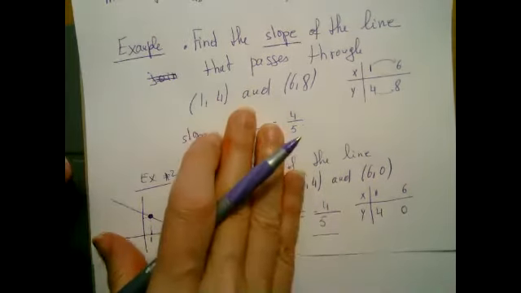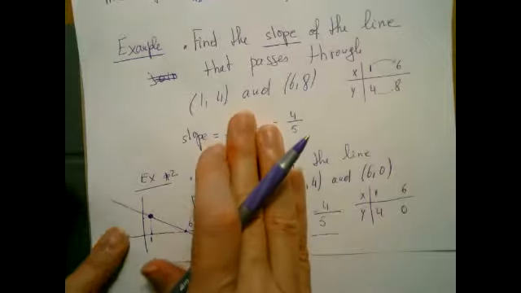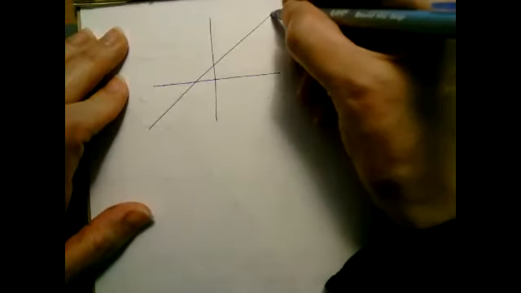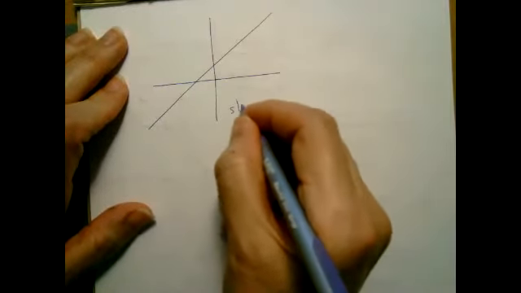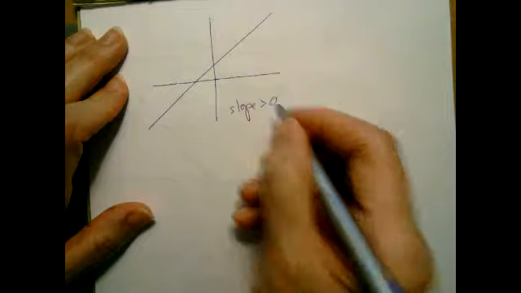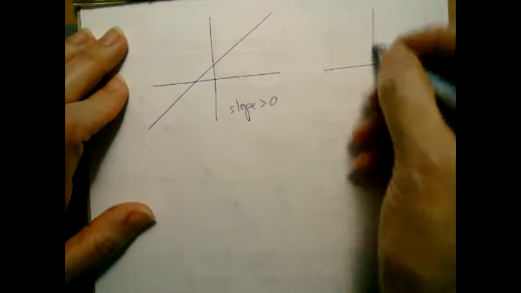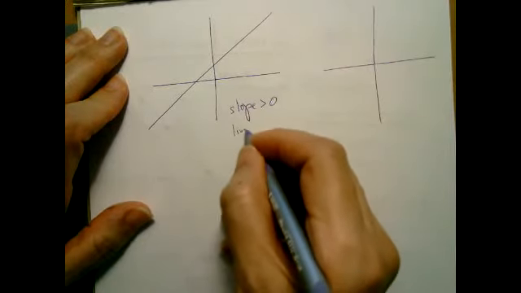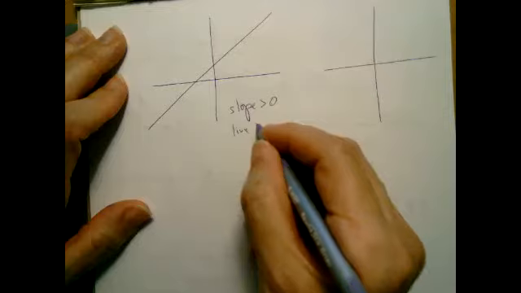Right, so the first thing about the slope, and then we move on to the equation here. So in general, we have the following. If my line rises, the slope is positive.